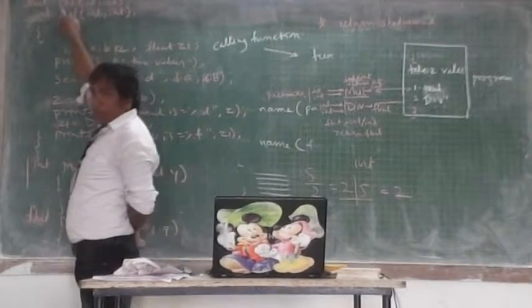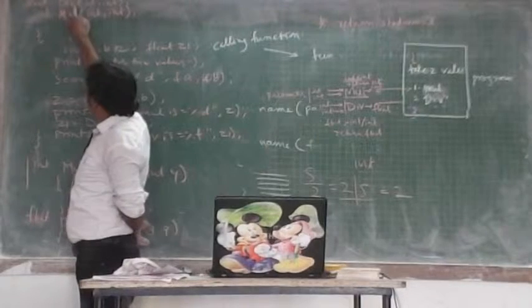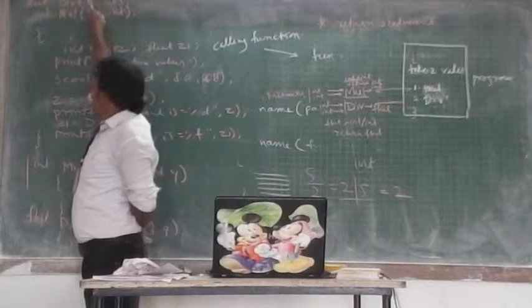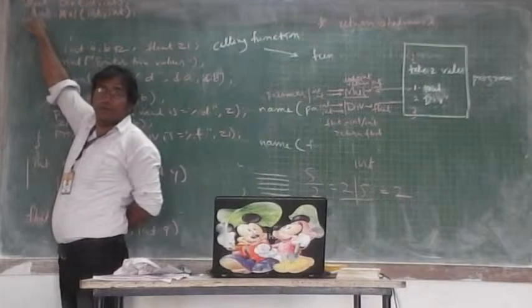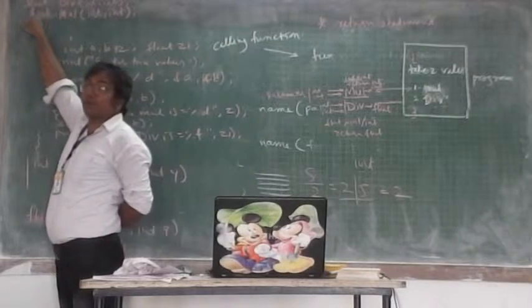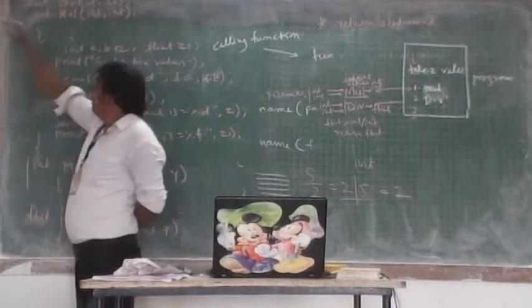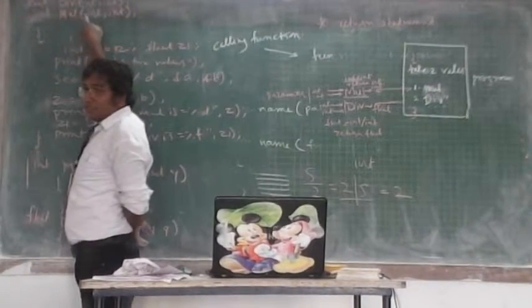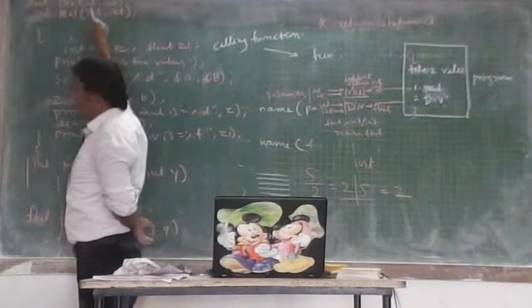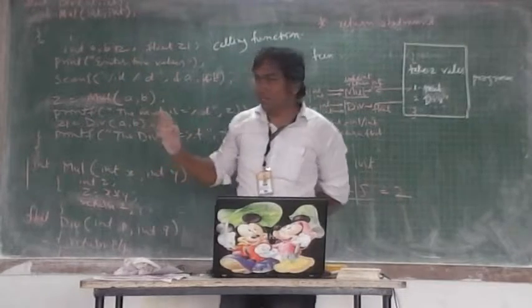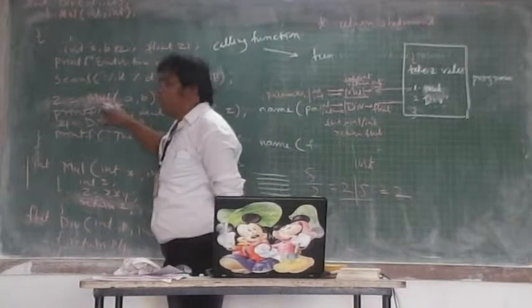So the compiler understands that div is a function with two parameters of type integer, and that function returns data of type float. That's it. Second is a multiplication function which takes two parameters of type integer and returns the result of type integer. That's it. Now come to this multiplication function.